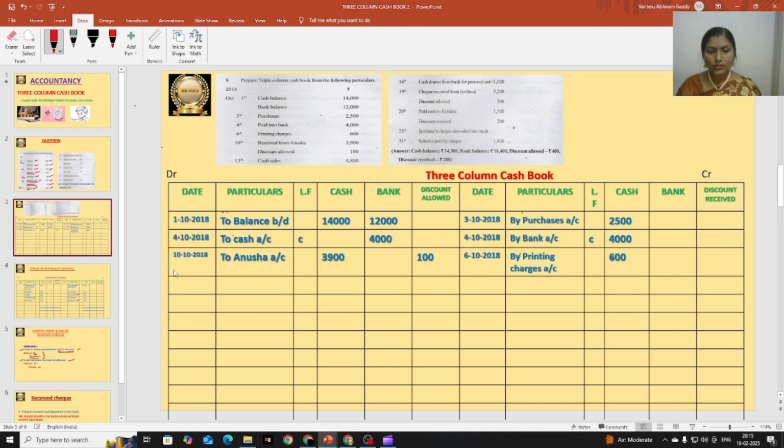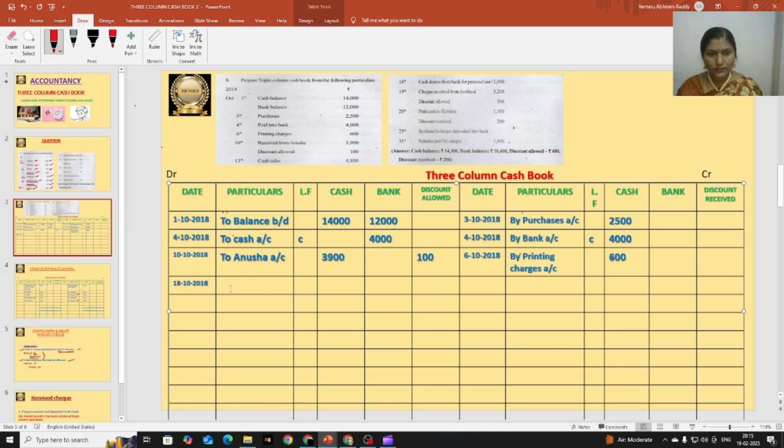This is our solution. So we will record on debit side. First, date. What is the date? 13th date. 13 dash 10 dash 2018.